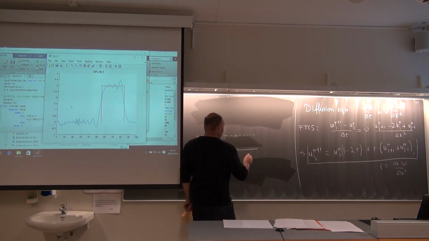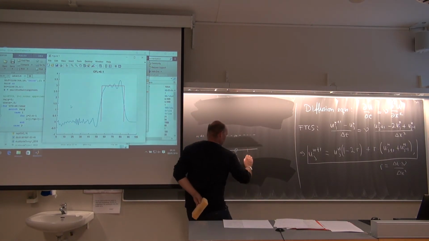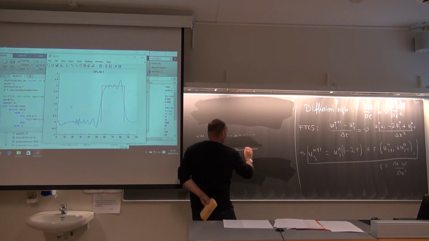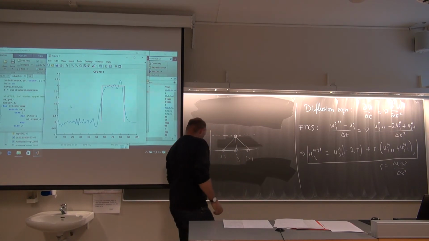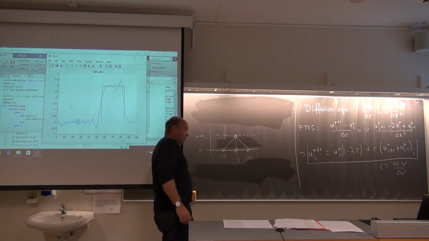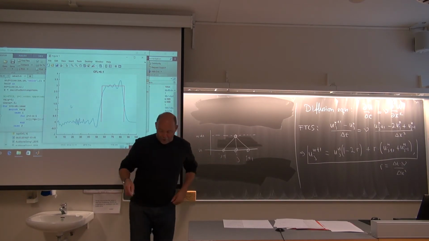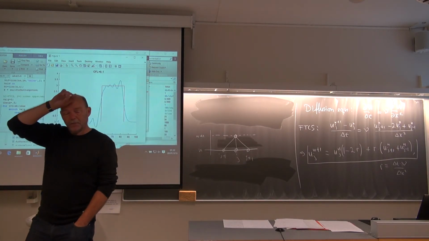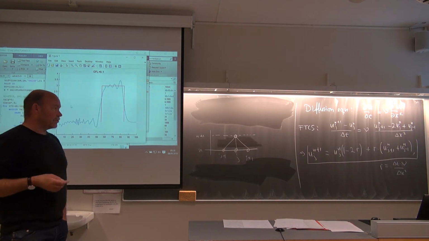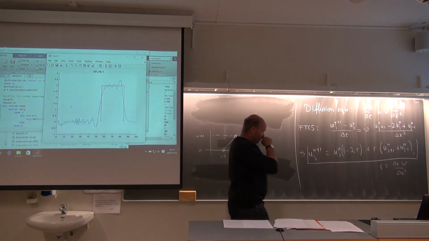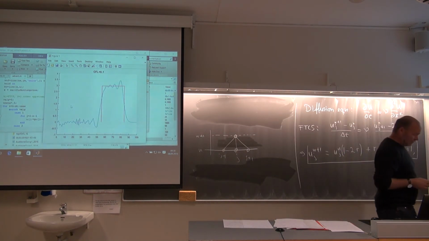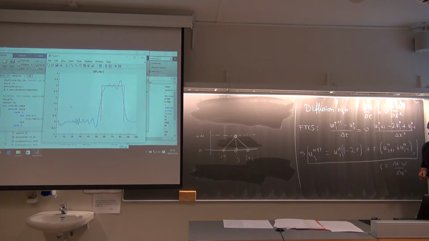Well, we are using j minus 1 and j plus 1 to construct the new one. So this is the discretization star in the space-time diagram, identical to the one that we had with the advection equation, the first version, the central space scheme. What about this one? Is it stable?